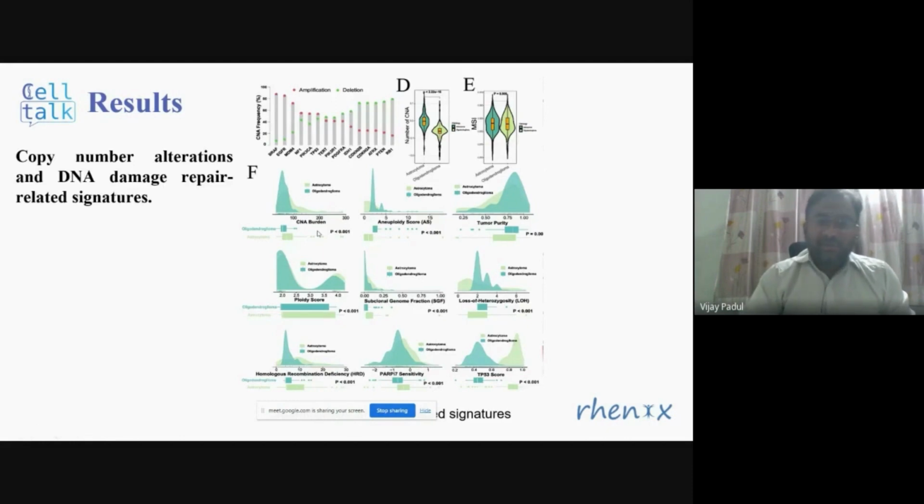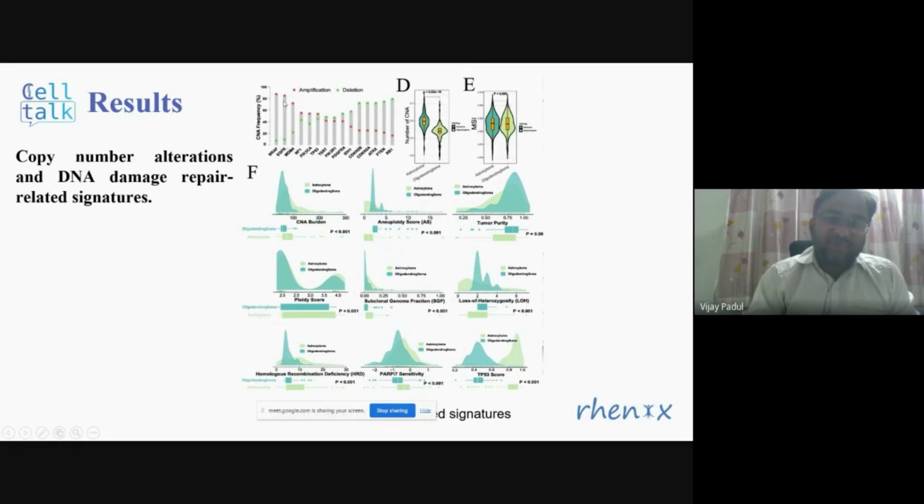Then they also probed copy number alteration frequency in different genes that are associated with the glioma biology. Here the red represents amplification and green deletion, and this is the copy number alteration frequency with respect to that particular gene. So BRAF, EGFR, MDM4.